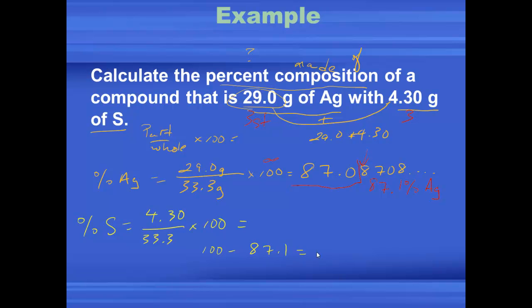And either way, I am going to get about the same answer. You might have a little bit of difference because of rounding, but essentially what it boils down to is 12.9% sulfur. And that is my answer there. So there's my two answers. 87.1% silver, 12.9% sulfur. Together the two add up to 100. So that's one type of percent composition problem that you'll see.